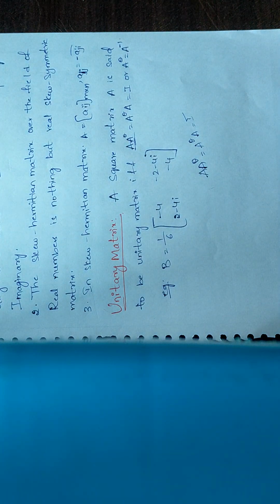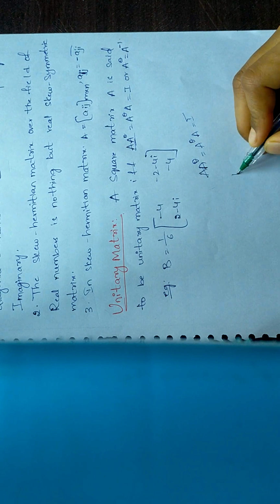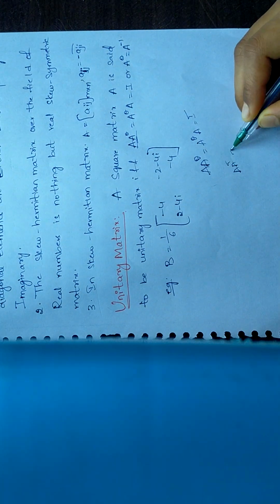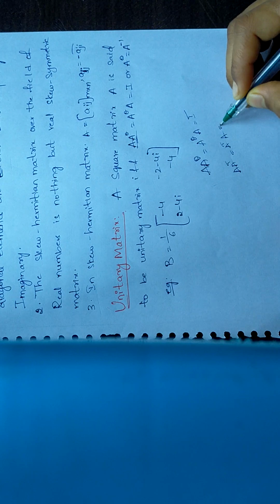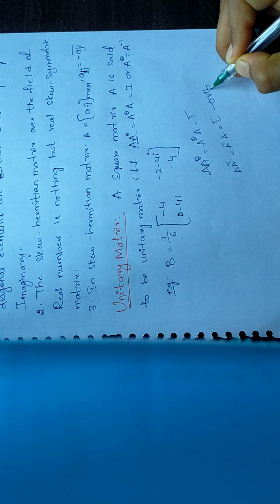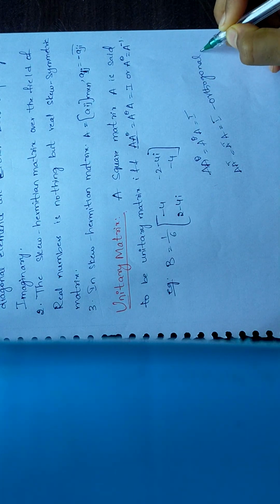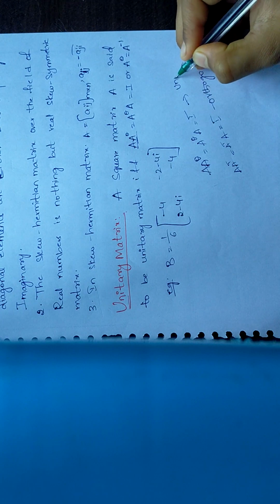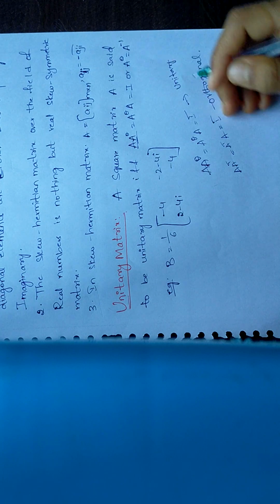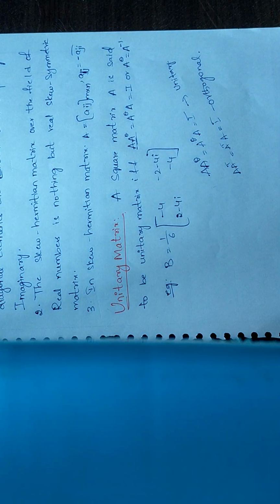What is that? Orthogonal matrix. Orthogonal means A into A transpose or A transpose into A equal to I. This is orthogonal. Since these are complex matrices, we call it unitary, and the procedure will be finding the extra conjugate, that's all. Everything is the same.